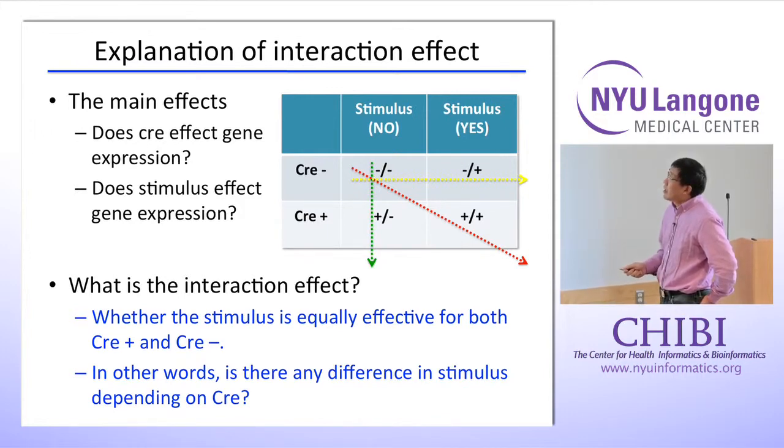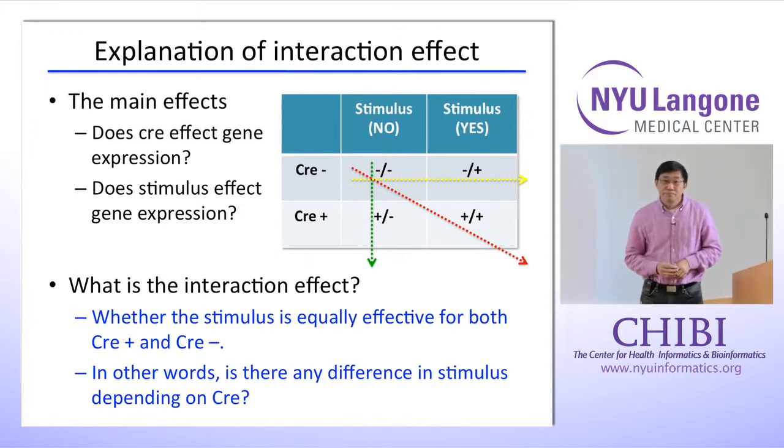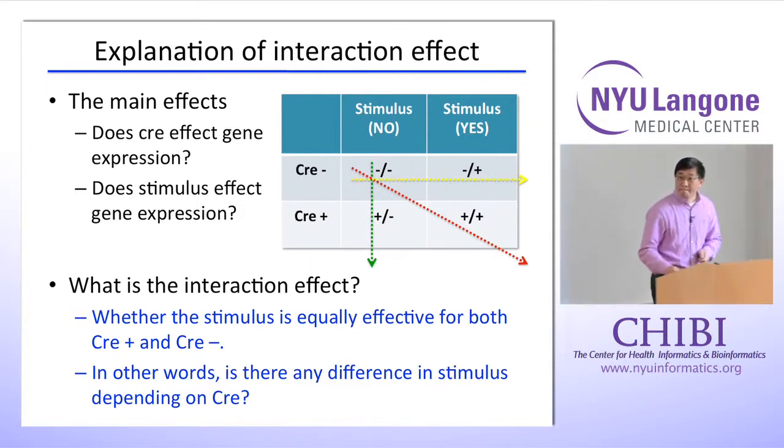It's the similar question you can ask: whether the stimulus is equally effective for both knockout plus and knockout minus. Or, in other words, is there any difference in stimulus response depending on the knockout? Any questions?